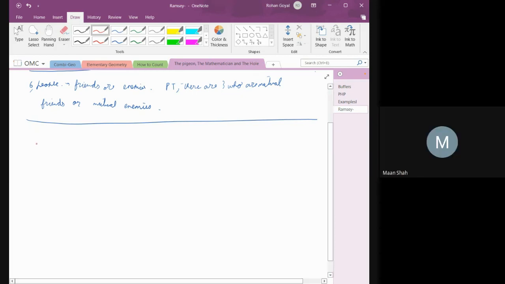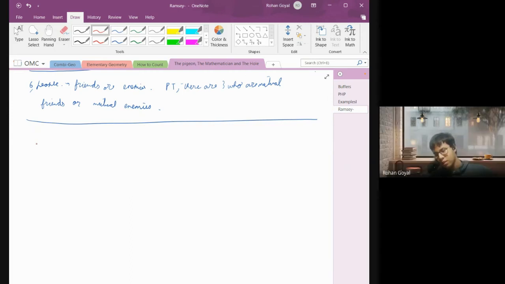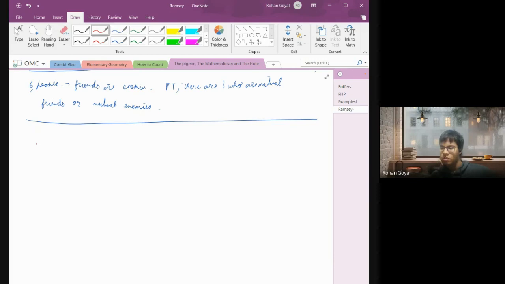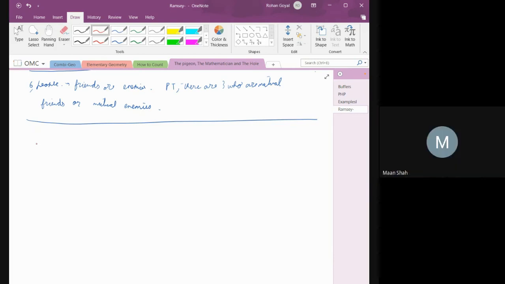So we can make an argument that A is an enemy with all other 5 people. You can, but why is it necessary? A could be friends with some people as well, right? Yes, it could be friends or enemies. A is an enemy or friend with at least 2. Is it at least 2, or can you do better than 2? There are 5 other people. A can be an enemy with 2, 3, 4, or 5, or friends with 2, 3, 4, or 5.